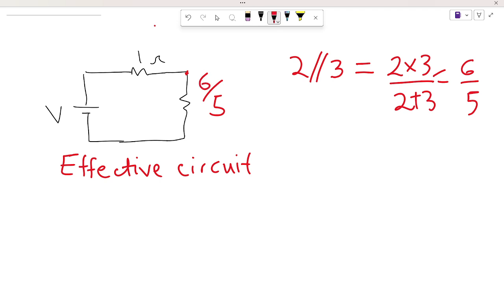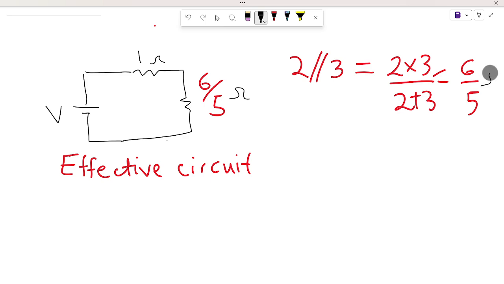Okay, so now there are 2 resistances left. There's no node present at this point, and the same current is flowing through the 1 ohm and the 6 over 5 ohm resistor.